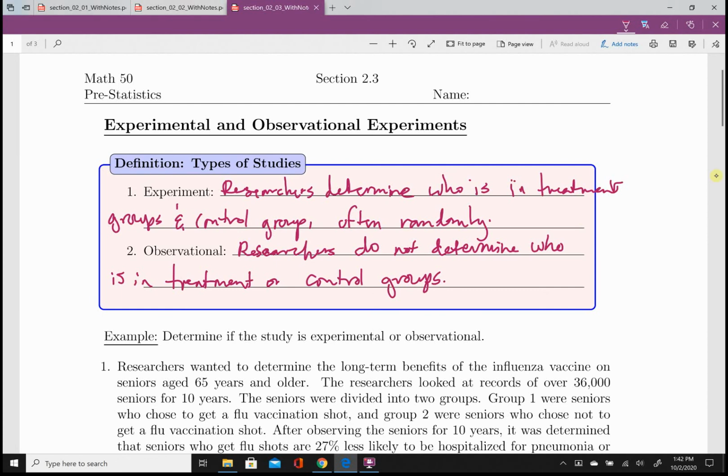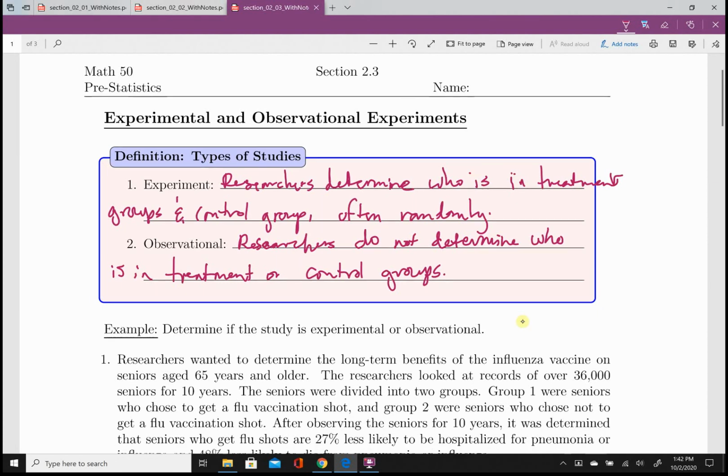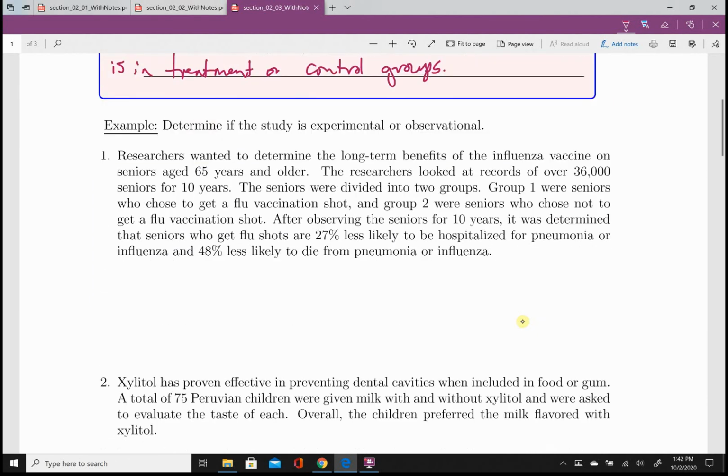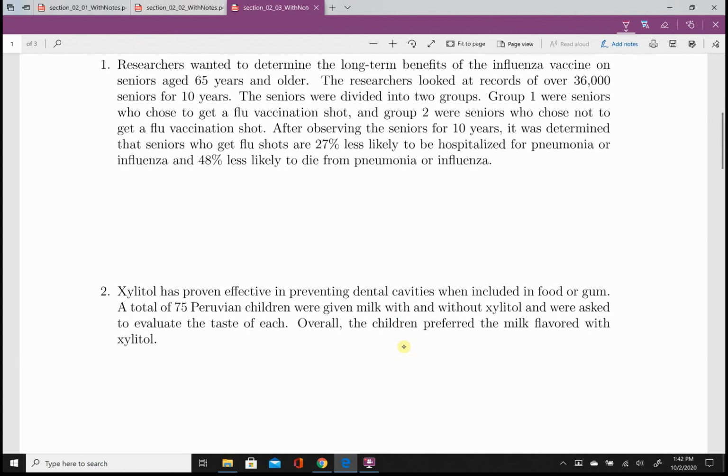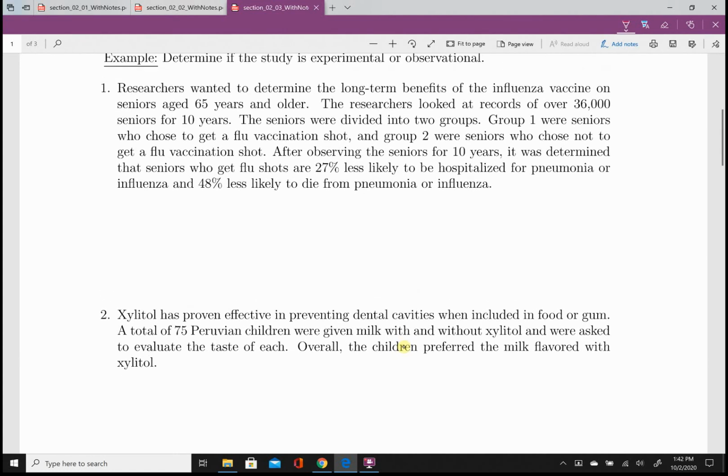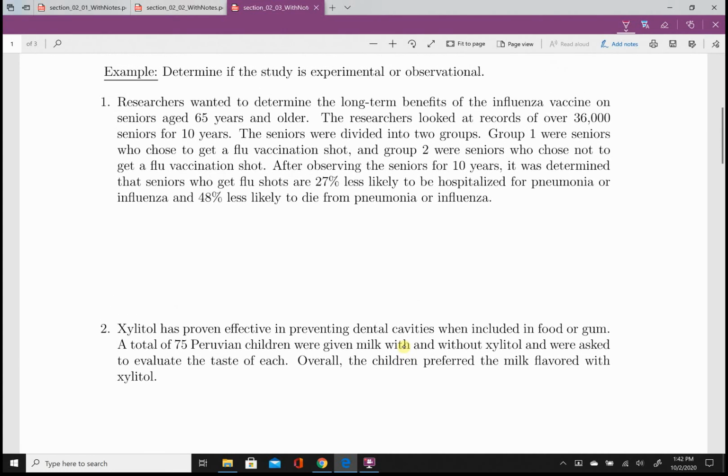Okay, let's read through this example study and determine, there's 2 of them, if they are experimental studies or observational studies. Here's number 1. I'm going to read it out loud to you. Researchers wanted to determine the long-term benefits of the influenza vaccine on seniors aged 65 years and older. The researchers looked at records of over 36,000 seniors for 10 years.